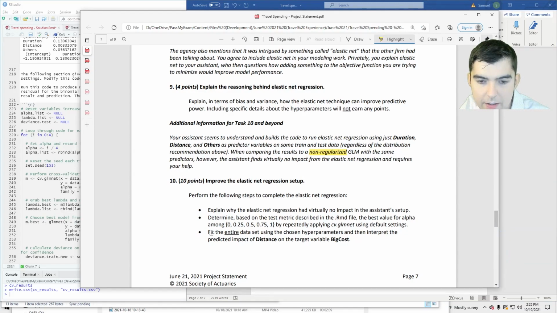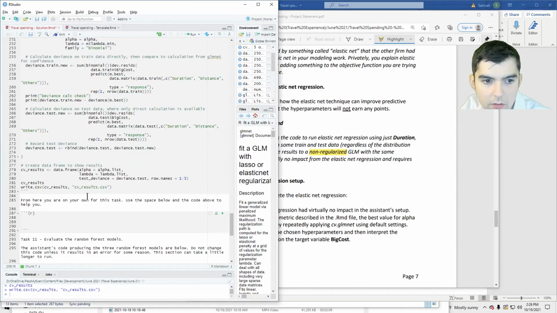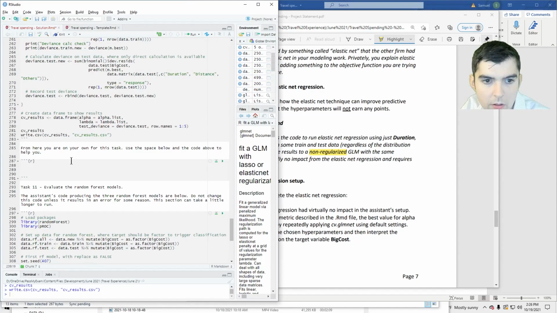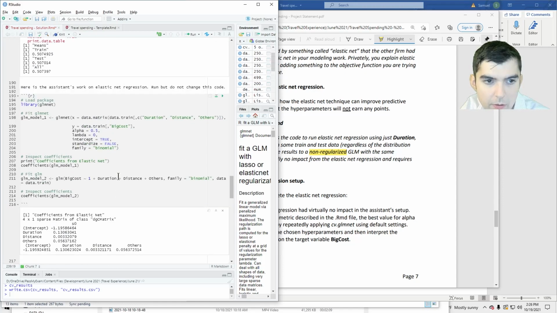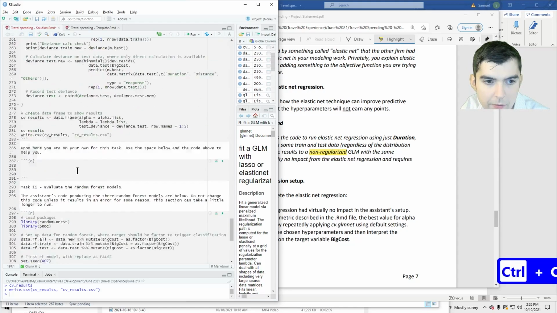Then fit the entire data set using the chosen hyperparameters, and then interpret the predicted impact of distance on the target variable big cost. So we want to fit the entire data set. So we want to take this code from our assistant and then modify it.